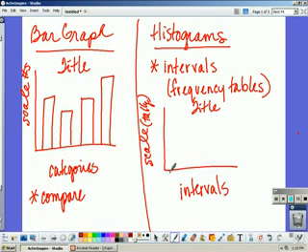Say we have an interval of 0 to 5. So what we do is we draw this interval. Our next interval is, say, 6 to, let's see, 0, 1, 2, 3, 4, 5. Remember, our intervals have to have the same amount of digits.